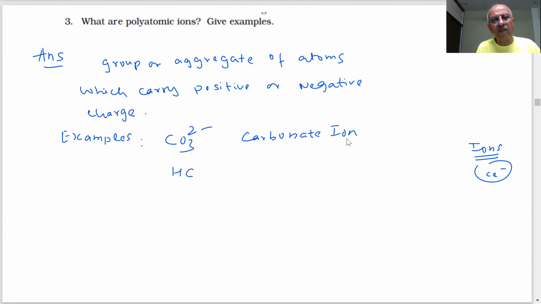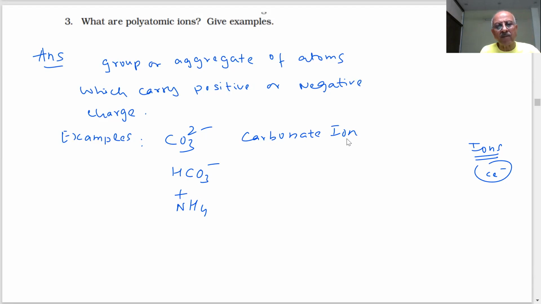This is called hydrogen carbonate or bicarbonate ion. Here you have not one, you have a group of atoms, an aggregate of atoms. I write ammonium ion, positive charge is there, and how many atoms are there? 1 or more than that? 5 atoms are there.